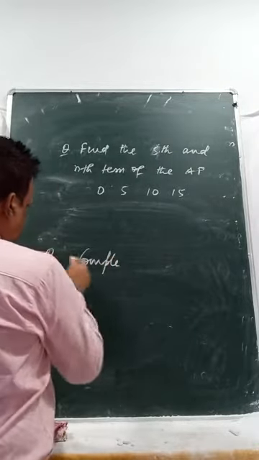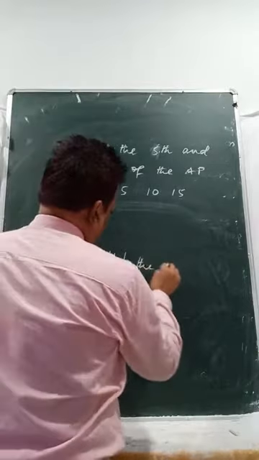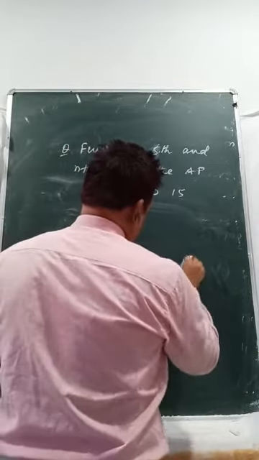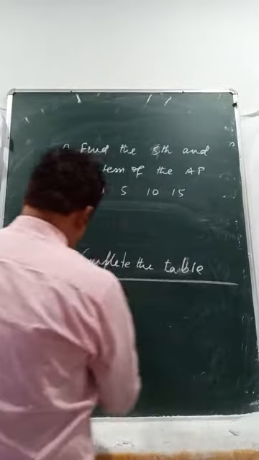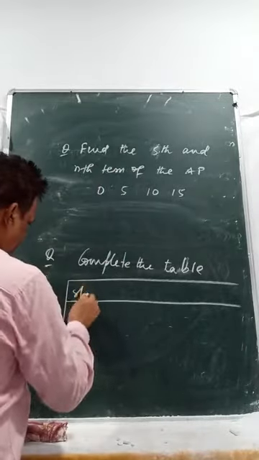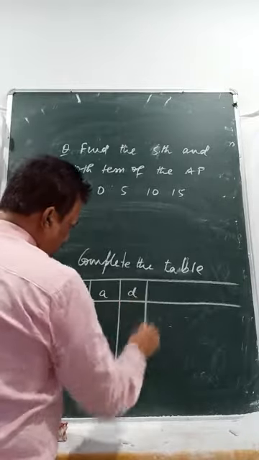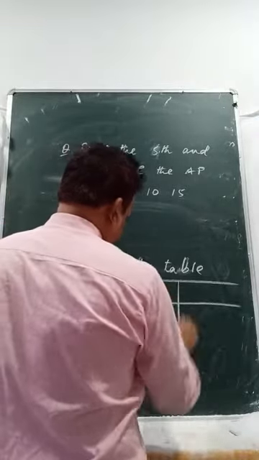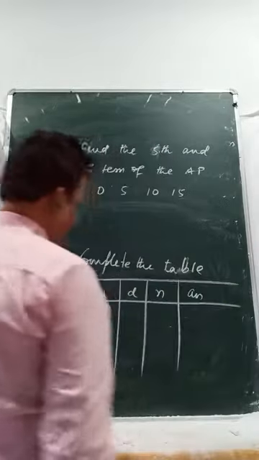Okay now, so you may also get a question: complete the table. Table will be given to you like this. Serial number, A, D, n, an.